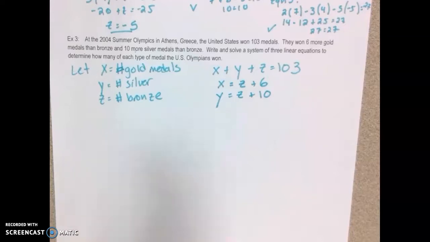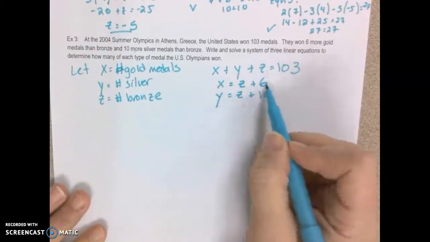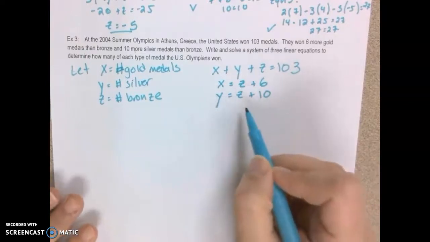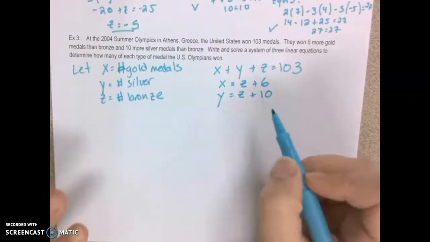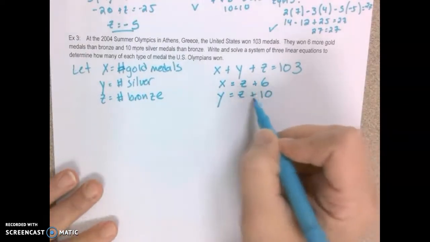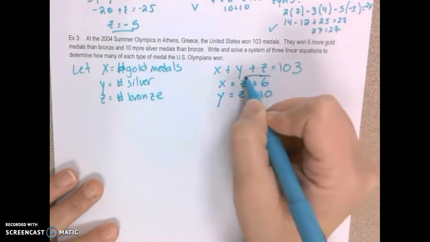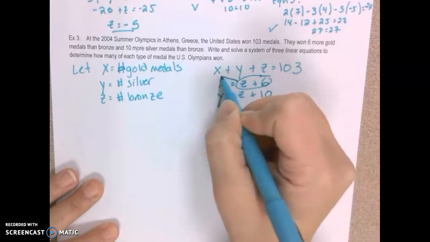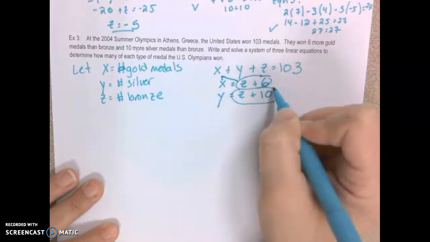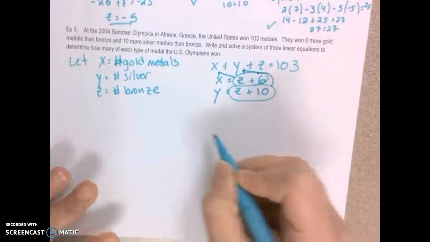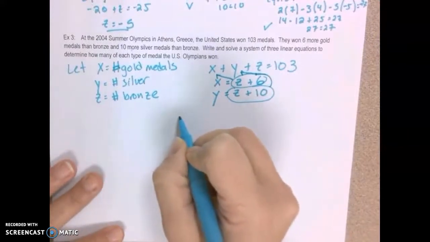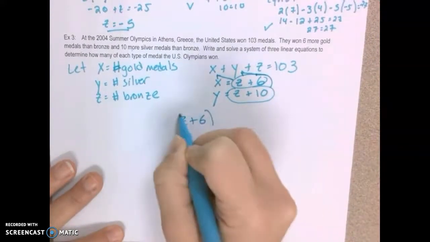So, since x equals something with a z in it, and y equals something with a z in it, I'm going to plug both of these into the first equation. So I'm going to plug this in for x, and I'm going to plug in this for y. So that means instead of x, I'm writing z plus 6.